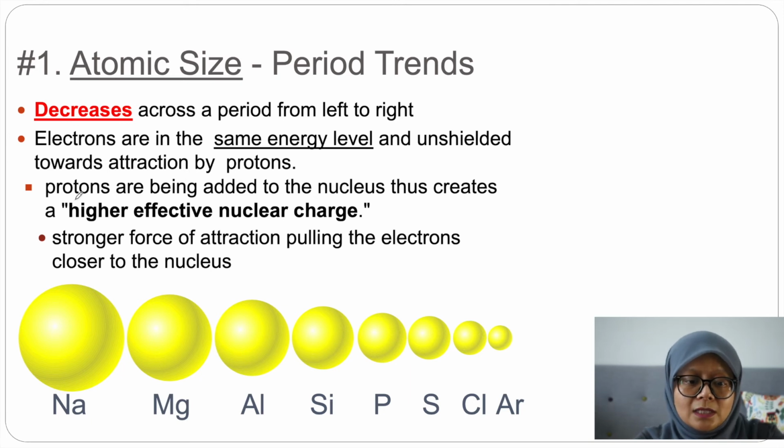These protons are being added to the nucleus and create a higher effective nuclear charge. That's why we have a decreasing trend of size across the period. Another factor is a stronger force of attraction pulling the electrons closer to the nucleus, so the size becomes smaller.